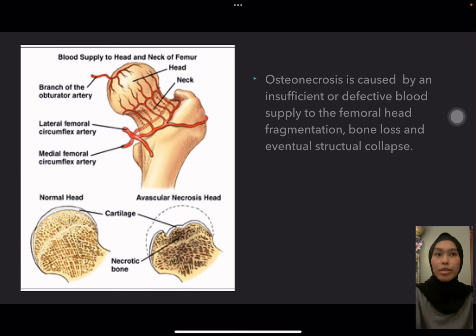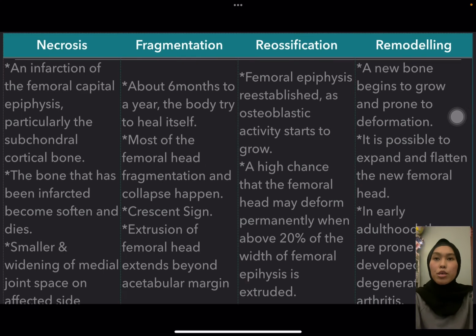So osteonecrosis is caused by an insufficient or defective blood supply to the femoral head, and fragmentation will then cause bone loss, and eventually the structure will collapse. So this is the detail of each stage. The first stage, necrosis, is an infarction of the femoral capital epiphysis, particularly the subchondral cortical bone.